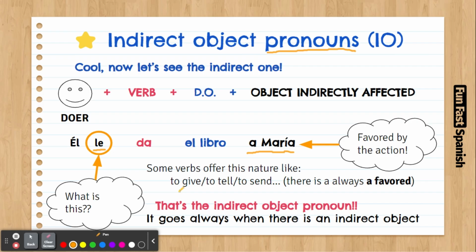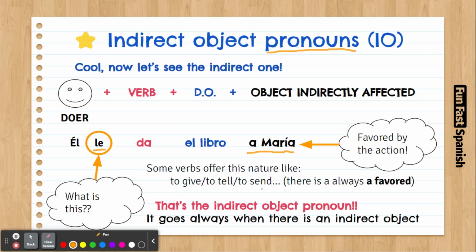Yeah. So there are many verbs that work with this kind of structure. The verb to give, because you give something to somebody. The verb to tell or to say, you say something to somebody. To send, you send something to somebody. And there are more of these verbs with this kind of structure where you have two objects, two entities, two parties, two things.